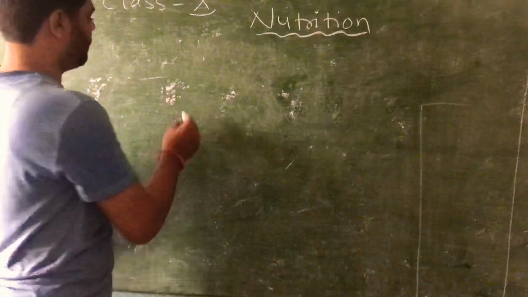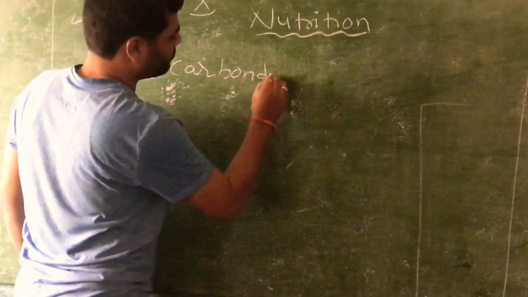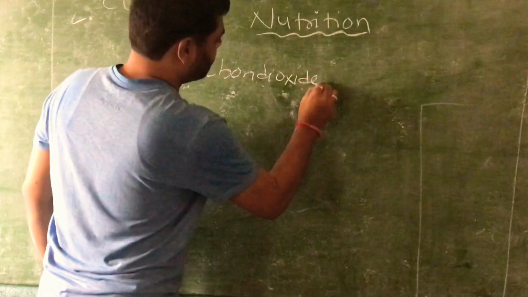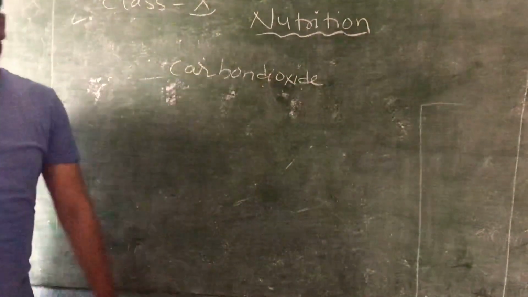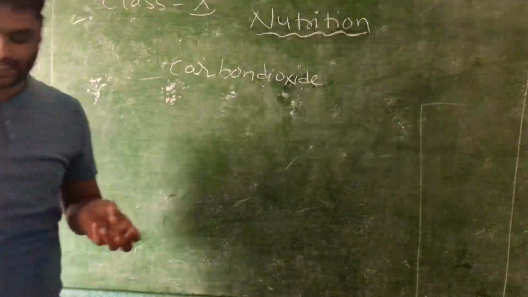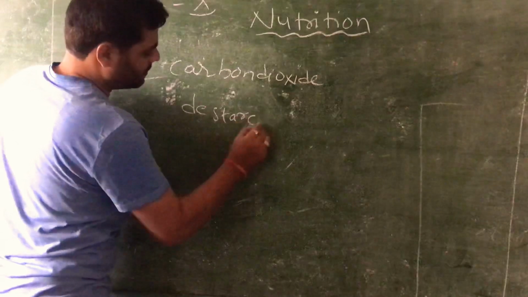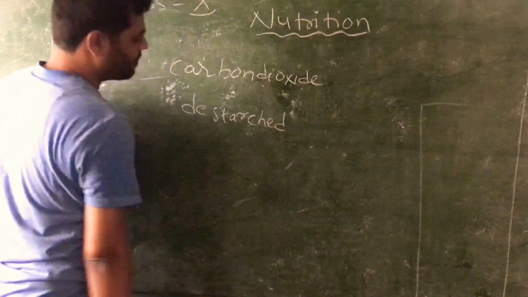We can go with an activity where we can see whether carbon dioxide is necessary or not. For this purpose, we need to do an experiment where we need a destarched plant. What is the meaning of destarched?